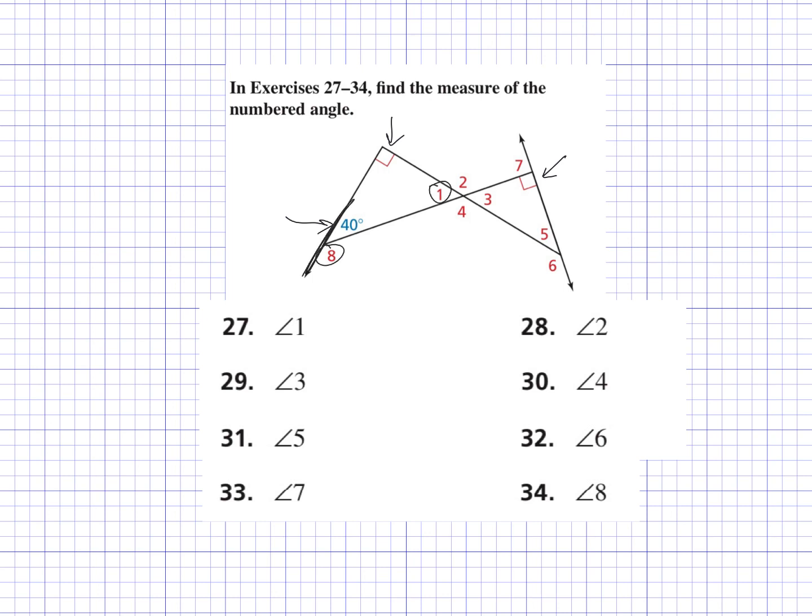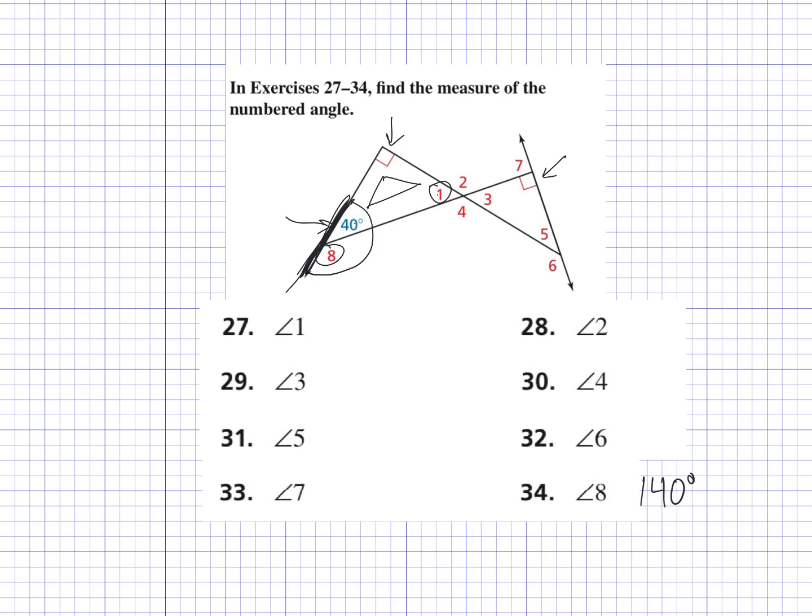So angle 8, this is a straight line, so that's 180 degrees. If you subtract 40 from 180, you get 140 degrees, so that's angle 8. So you see now why you probably want to do some of the even ones. In a triangle, you have these 3 degrees here, 90, so there's 90 left out of 180.